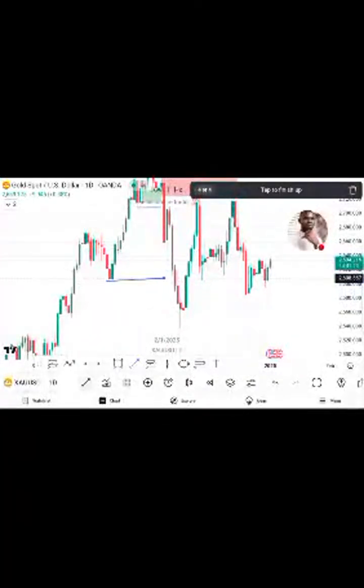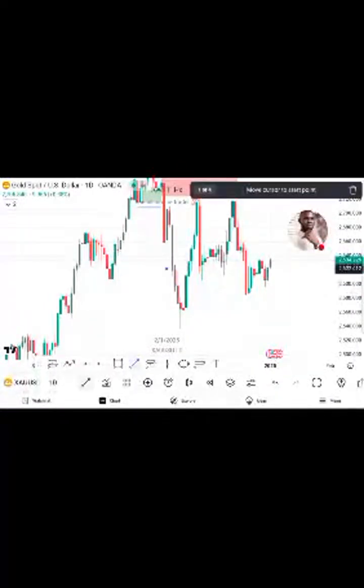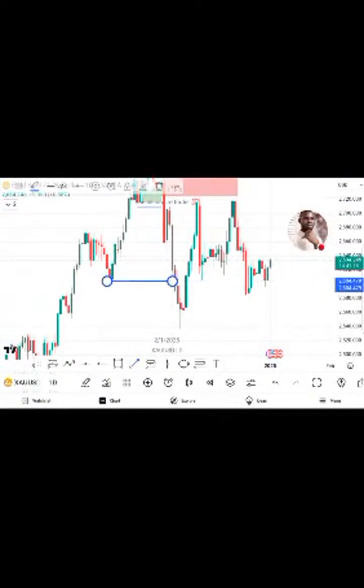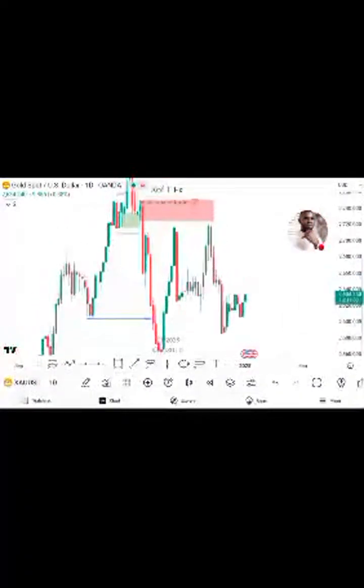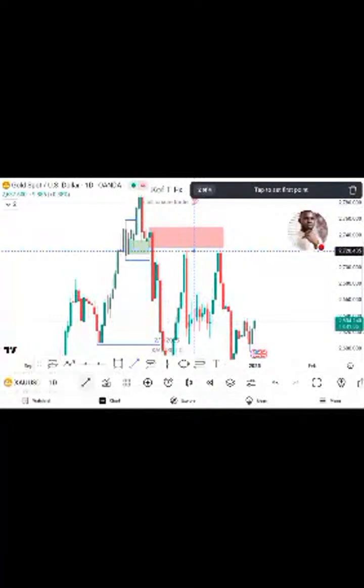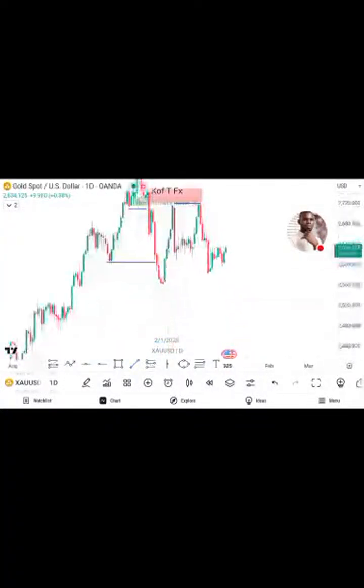We have that break of structure and we have this engineered liquidity.